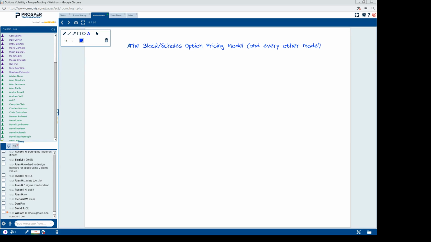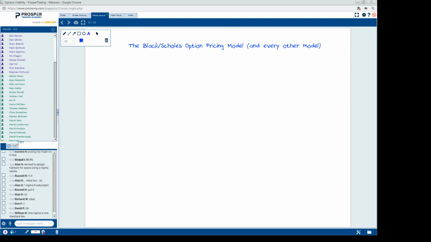I don't mean to be redundant, but the Black-Scholes pricing model is this long mathematical equation, takes in all sorts of factors, and spits out theoretical values of option pricing.